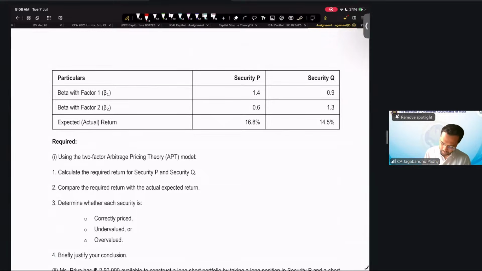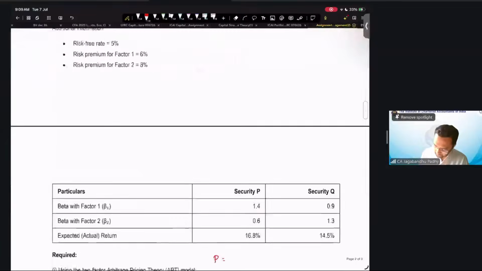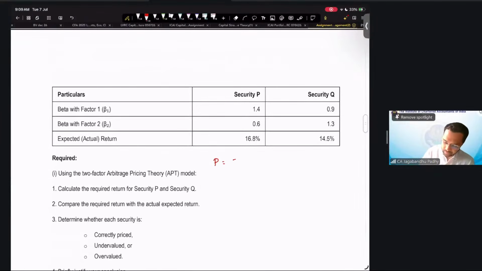So required return for P is going to be risk-free rate of 5%. The formula is lambda 0 plus beta 1 lambda 1 plus beta 2 lambda 2.